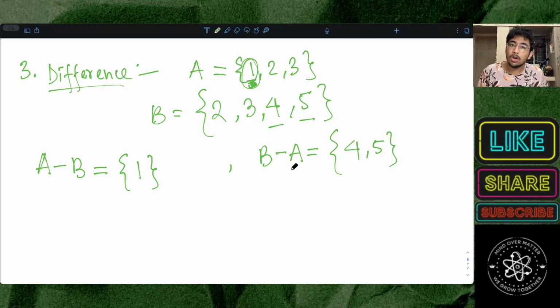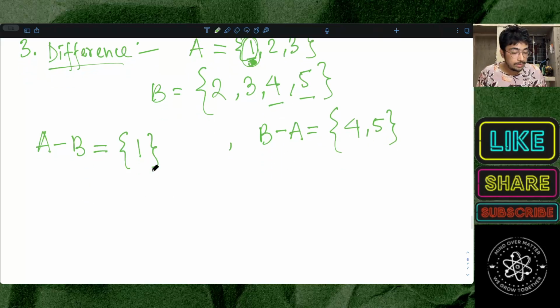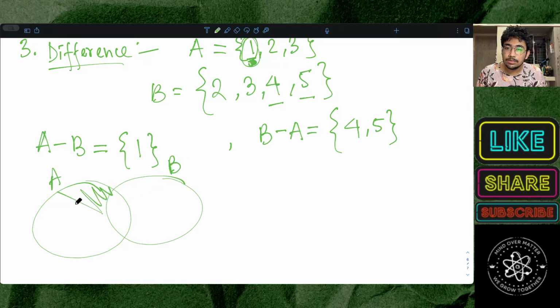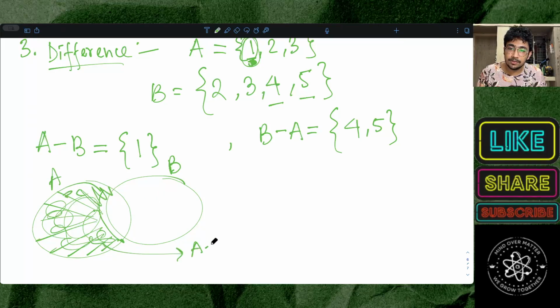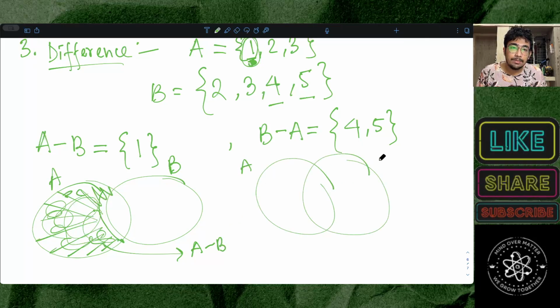They are present in B but not in A. And using Venn diagrams again, suppose this is my set A and this is my set B, and this portion is the part where the elements are only a part of A, but they are not present in B. So this part is A difference B. And similarly, you can also picture B minus A. So this part is B minus A, because this part is only a part of the B circle.